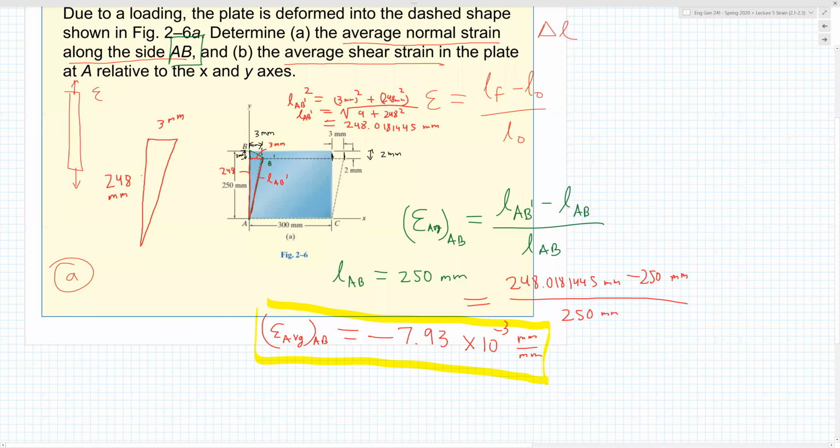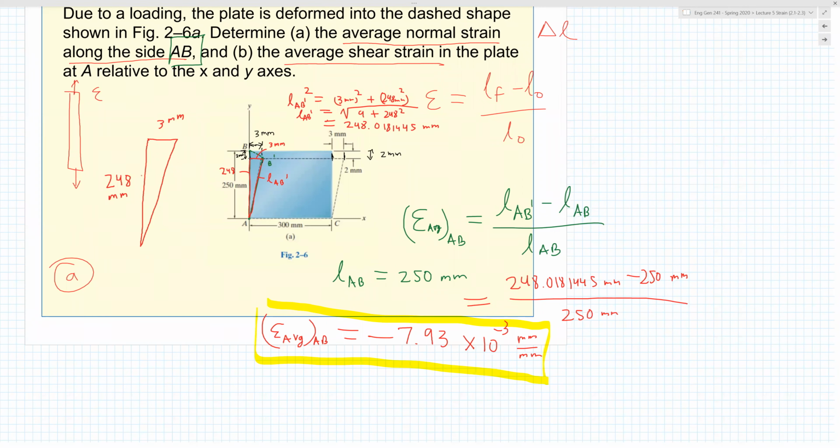Any questions on that part? So again, we don't know what caused this. Maybe it was some normal forces, or maybe some shearing forces, but that's what happened. Chapter 3 is what caused it.